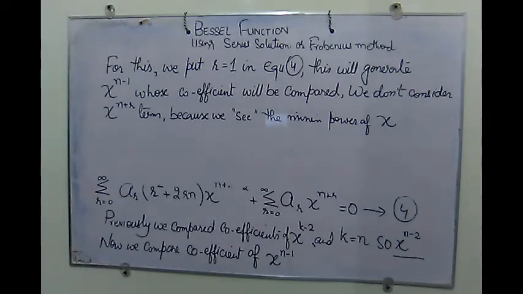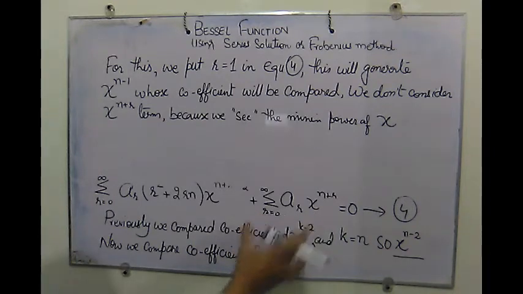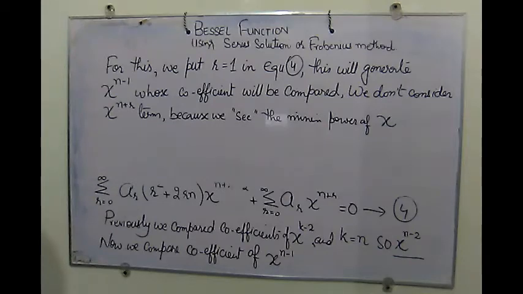So in order to generate x raised to the power n minus 1, we put r is equal to 1 in equation number 4 and the coefficient will be compared. And why we do not see this part, because this is not the minimum power of x.